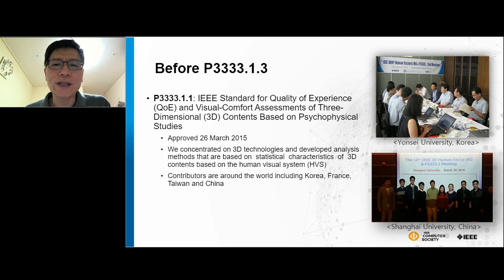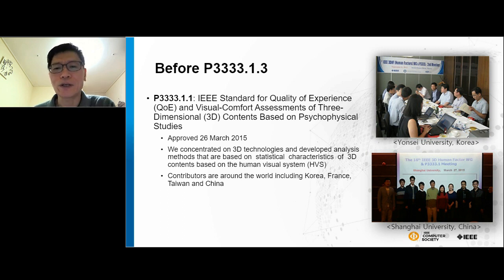And as I mentioned before, before we built 1.3, the standard started from 1.1. The original title of 1.1 was Quality of Experience and Visual Comfort Assessment of 3-dimensional contents based on psychophysical studies. Actually, I made an effort to build this standard starting in 2011, and the first standard was approved on March 26, 2015.